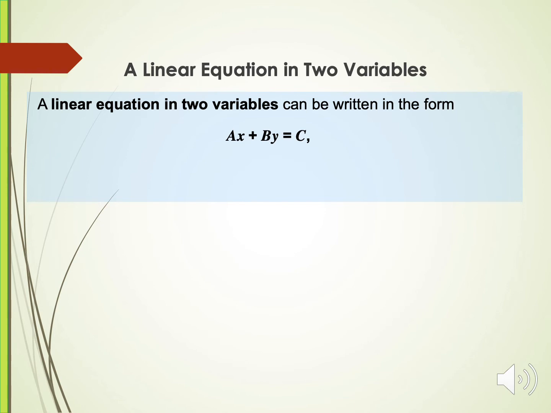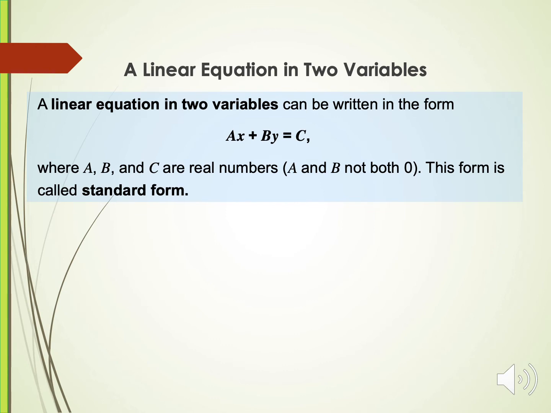Okay, so in two variables. So if you notice in the previous example that we have two variables, x and y. Okay, so when we say linear equations, that is in a form of ax plus by equals c. That is a linear equation in two variables, where a, b, and c are real numbers, and a and b are not both 0. Okay, so that form ax plus by equals c is called the standard form.